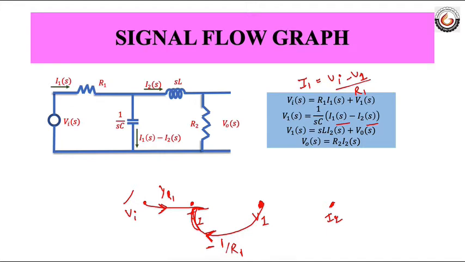V1 is 1 by SC times I1, and I2 we are getting in the backward direction, this is the forward direction, and it is minus 1 by SC. So I2 is with factor minus 1 by SC. So I will put 1 by SC.